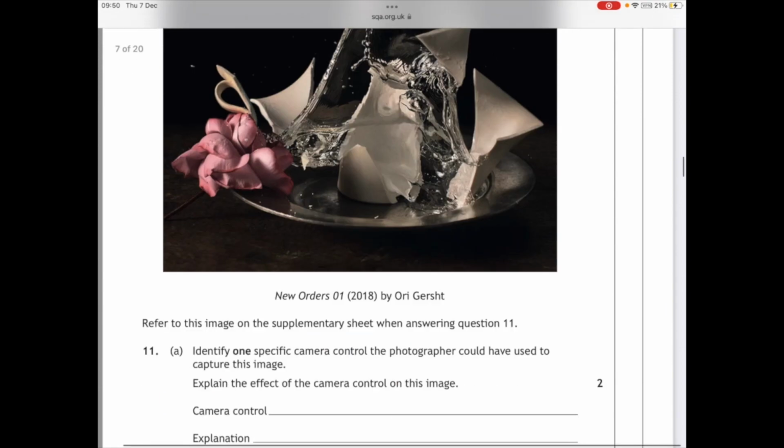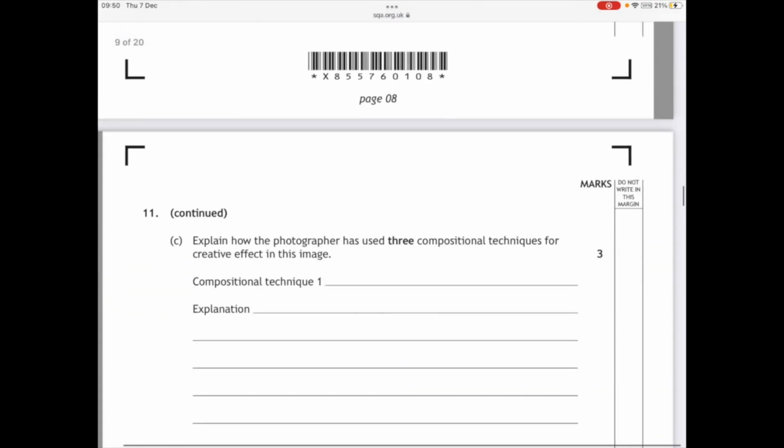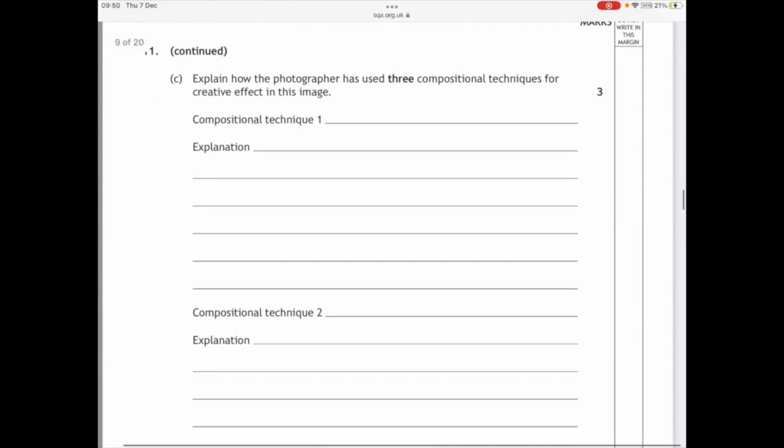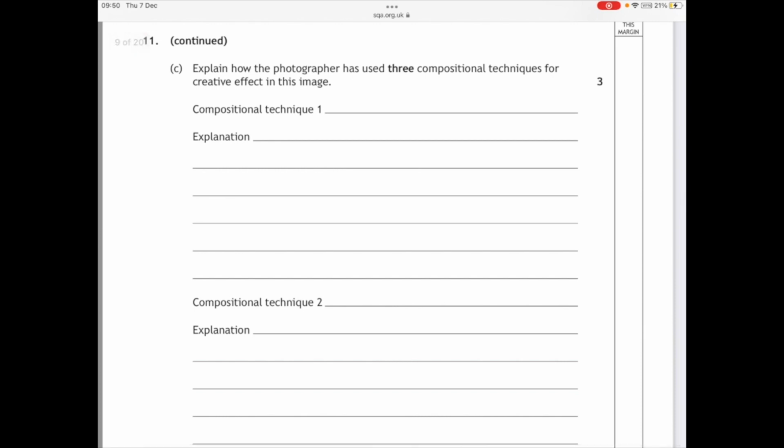We will move on to 11C. Explain how the photographer has used three compositional techniques for creative effect in this image. Again, we need to make sure that we're writing about composition, and again, it's the creative effect on the image.